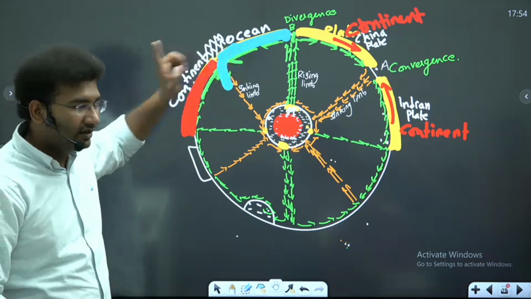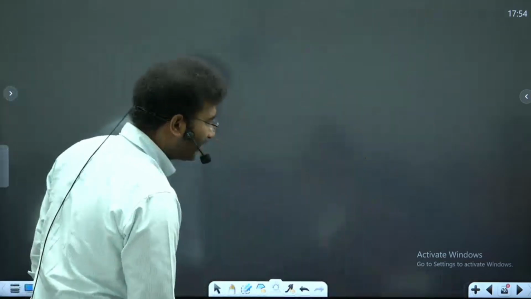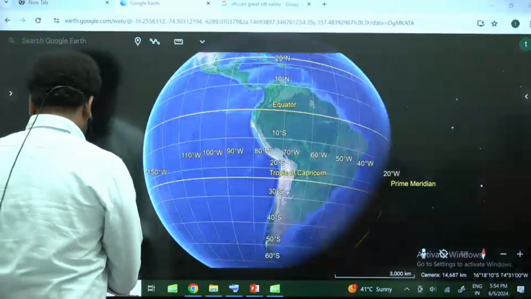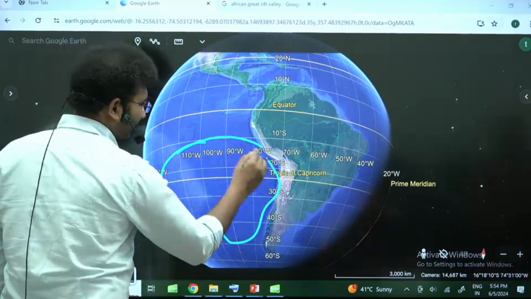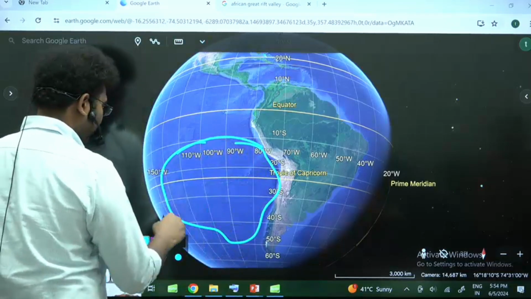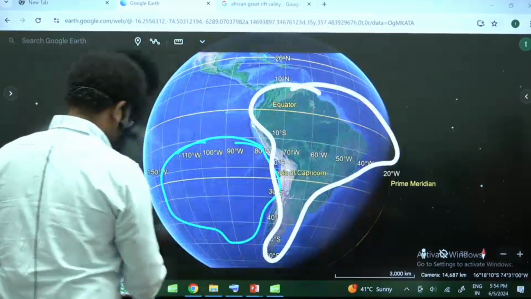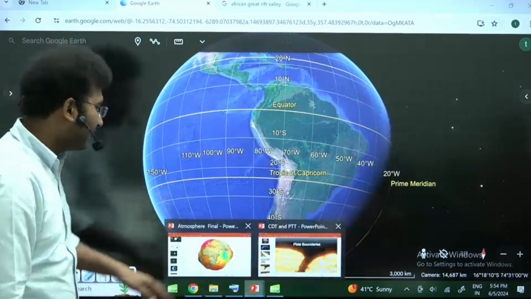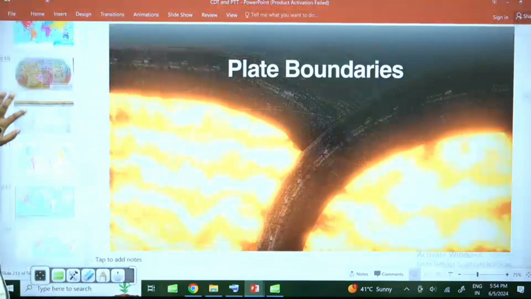Do you agree? Let's try to understand the concept of continent and ocean, what exactly is happening here. Or else, I am taking this part of the area and I am also taking this part of the area. You can also look practically. Okay? Or else, I'll show you how the plate looks as well. A couple of days back, I showed you the map of the plates.